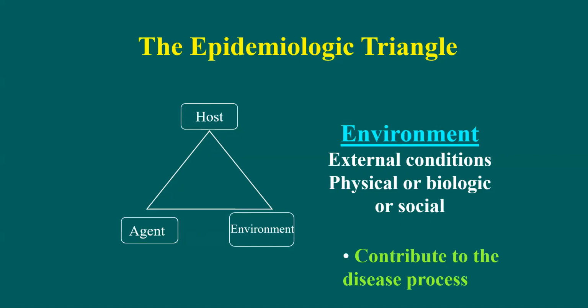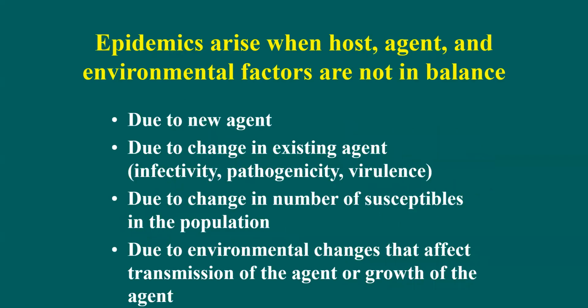For the environment, for example for malaria, we can cut grass and close all those ponds with water. So trying to manage this triangle is key in preventing diseases.